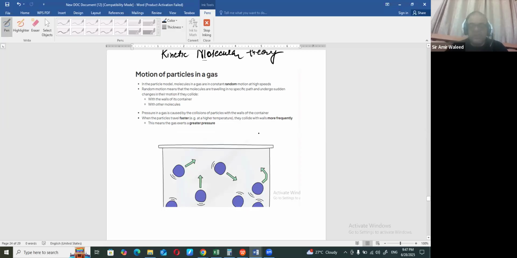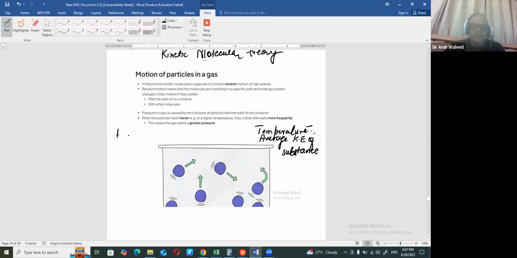Now, this is a very interesting point. What is temperature? It's written here, so it's time to discuss the temperature. There are two proper definitions. In case of KMT, when you talk about gas particles, the average kinetic energy of a gas or any substance is called temperature.